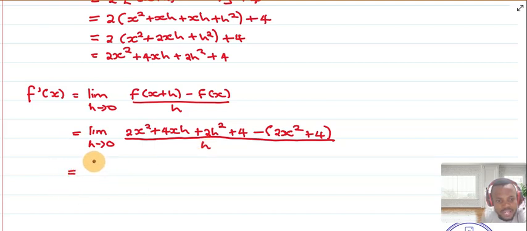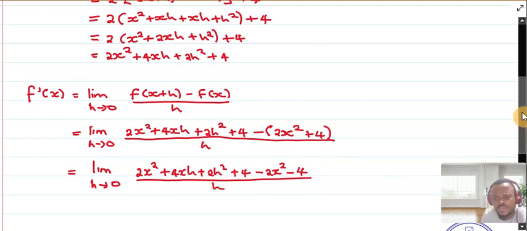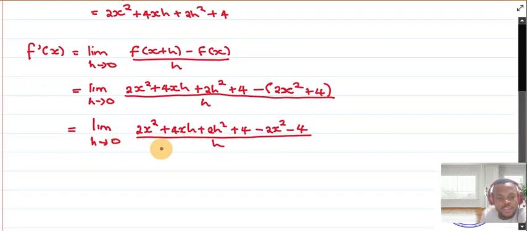Okay, so a limit as h approaches 0 of 2x squared plus 4xh plus 2h squared plus 4 minus 2x squared minus 4 all over h.